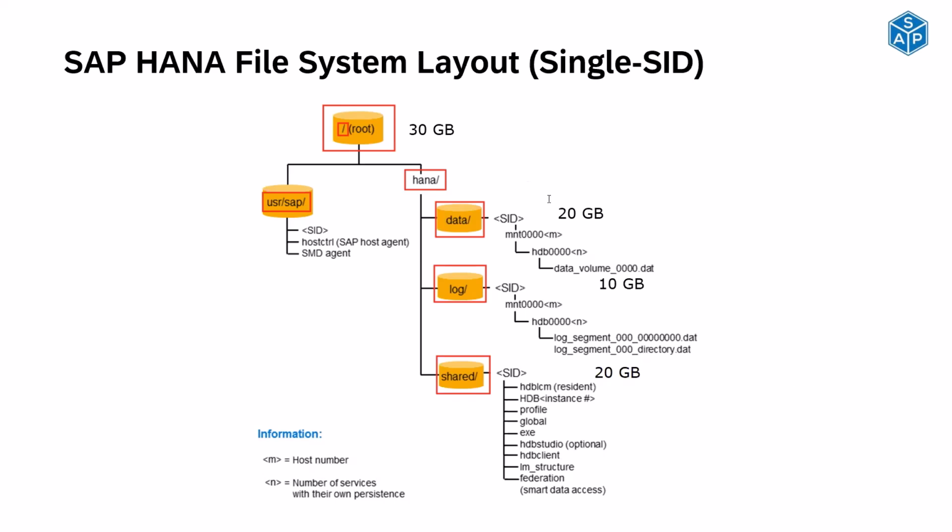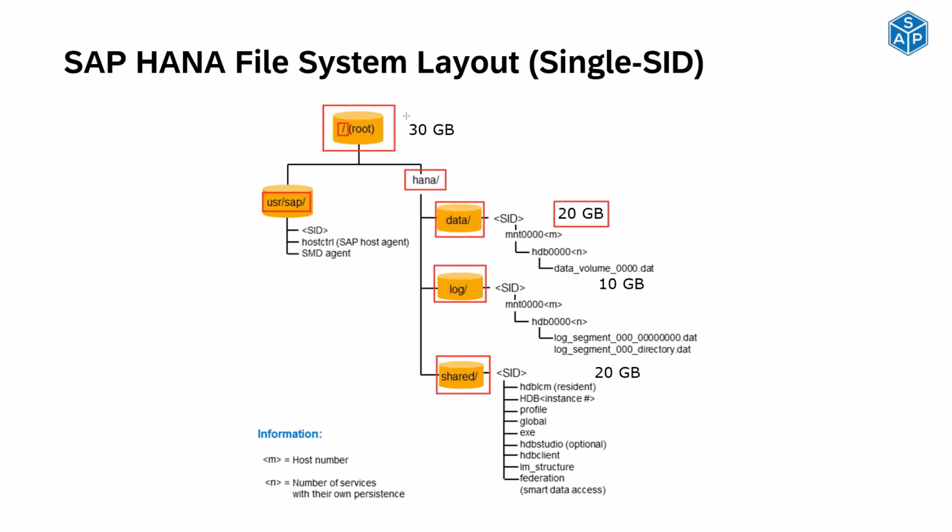The HANA data is for 20 GB. Whatever data is written in this slash data will go inside that 20 GB and occupy space there.